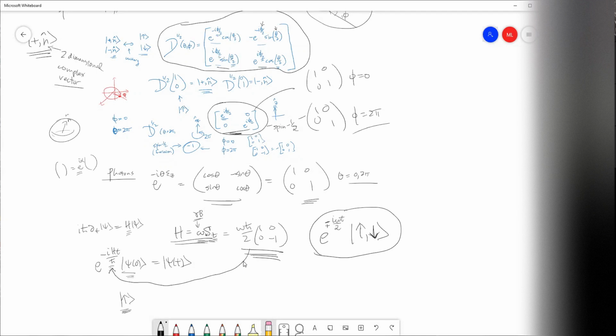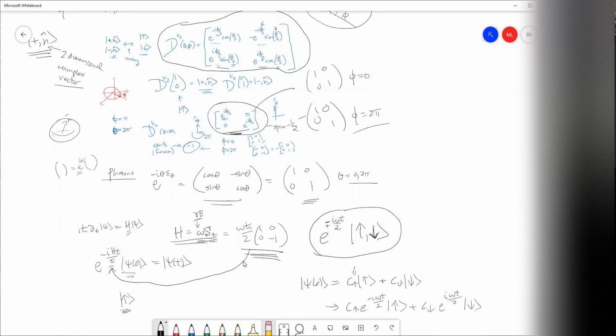And so you can decompose any vector into an up piece and a down piece. Then in time, this acquires the e to the minus i omega t over 2 on the up, and this acquires the opposite phase.